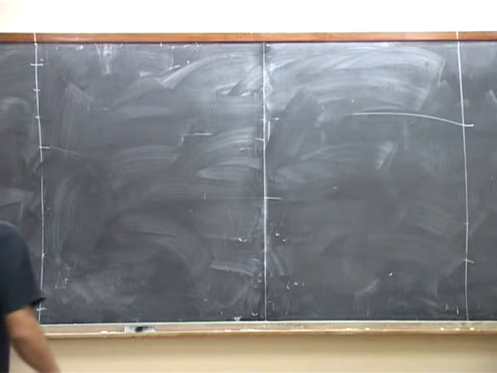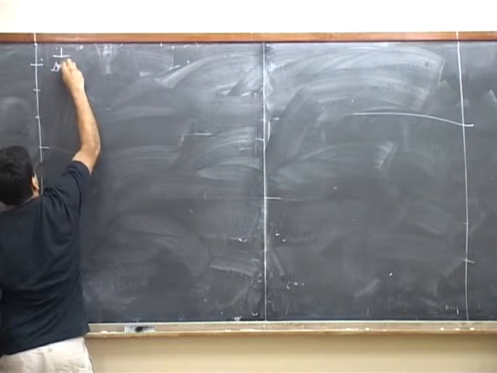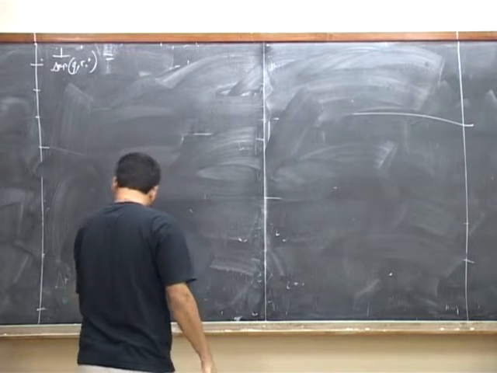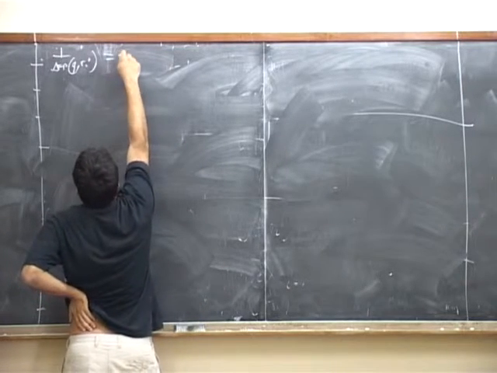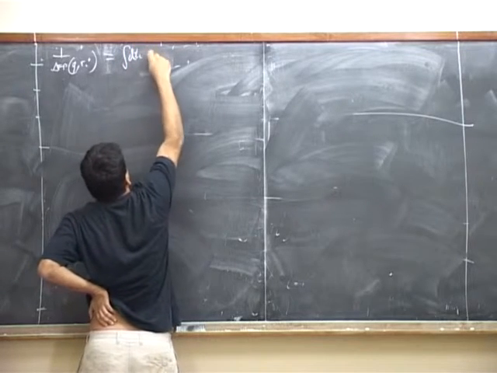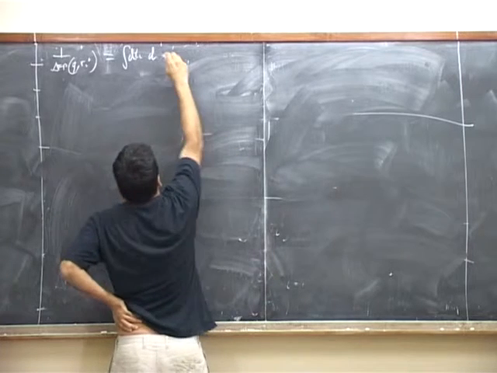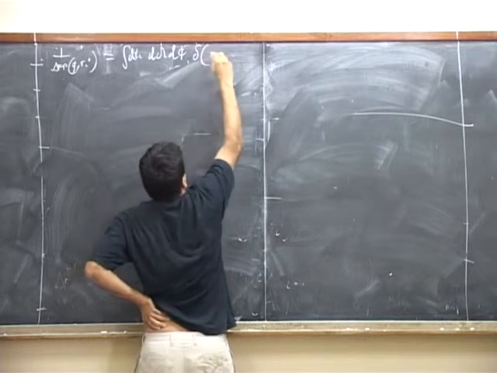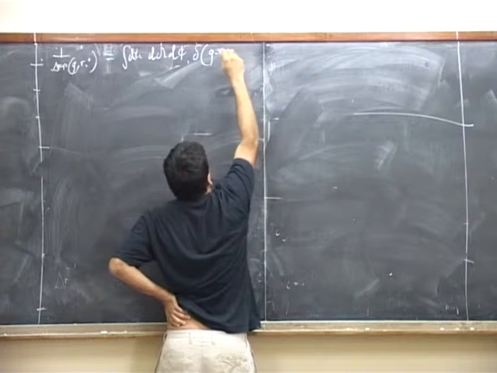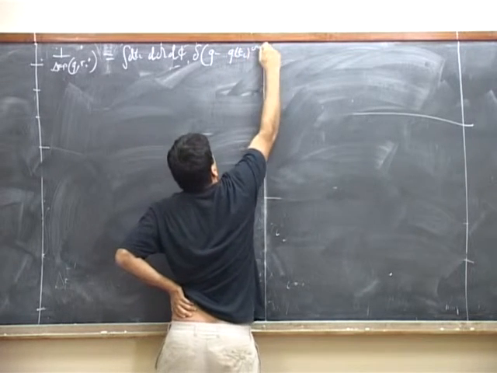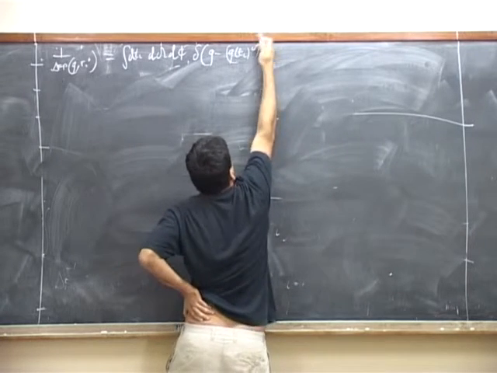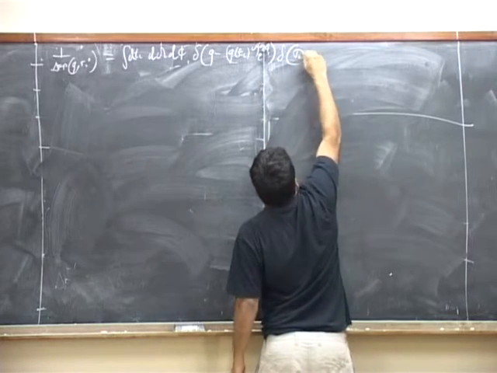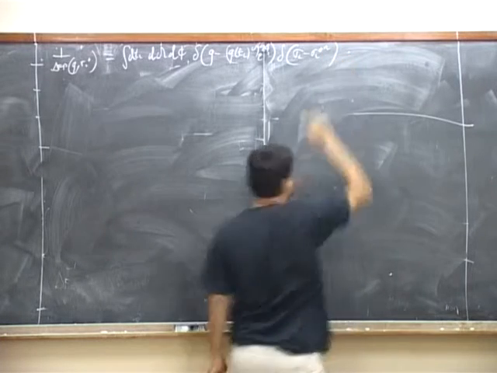Okay, now we just write down our definition: 1 over delta fp, which is a function of g and sigma i, is equal to the integral of dti d omega d phi, delta of g minus g of ti omega and phi, e to the power of minus S, and delta of sigma i minus sigma i 0 omega.